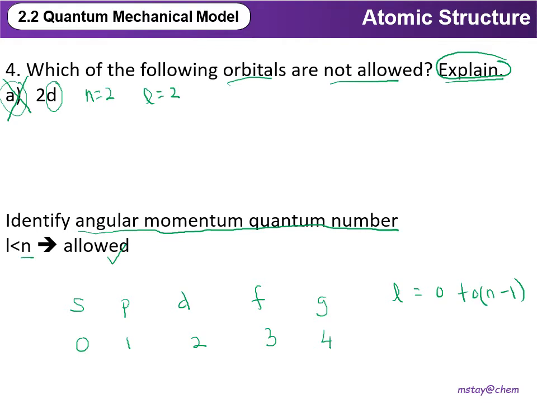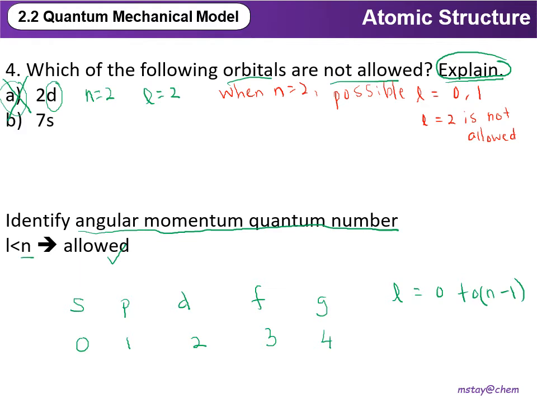We can say like this: when n equal to 2, possible l value is 0, 1. So l equal to 2 is not allowed. This is how we do the explanation.